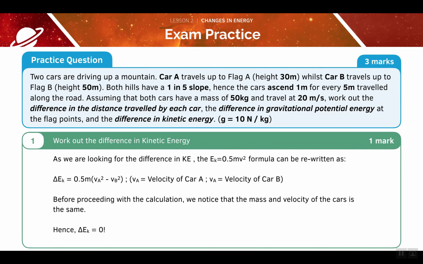Before proceeding with the calculation, we can notice that the mass and velocity of the cars is the same. This tells us that our difference in kinetic energy is going to be 0.